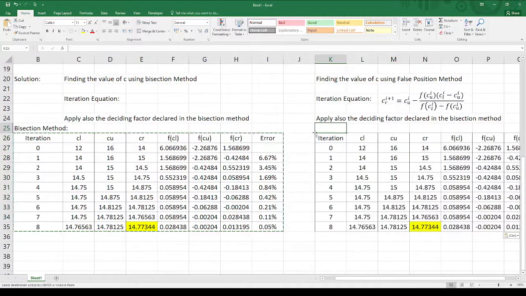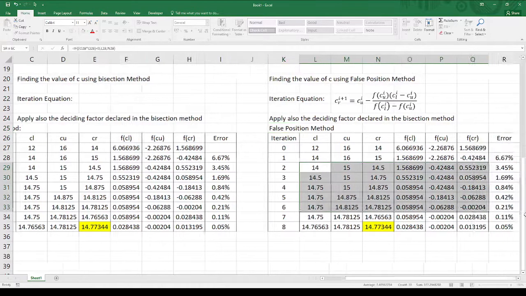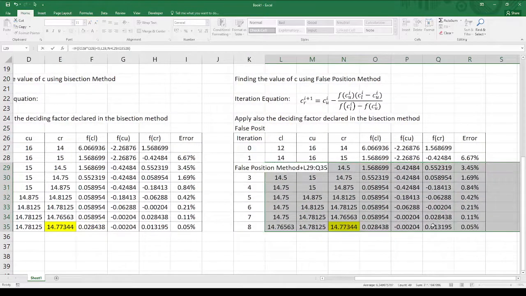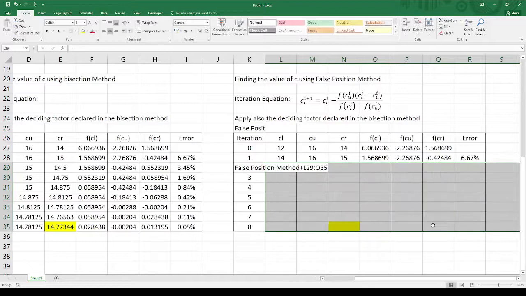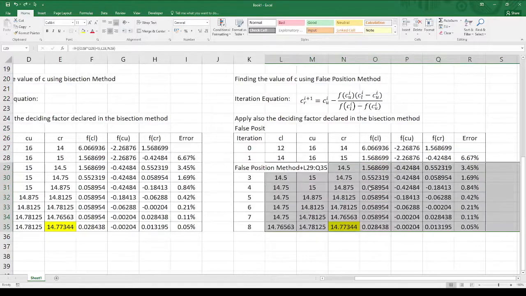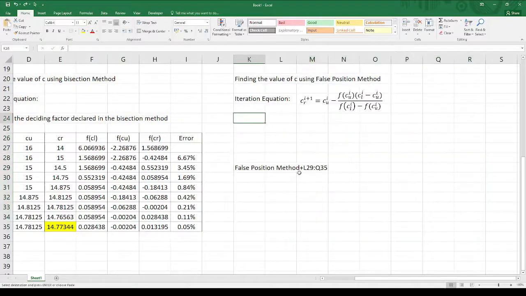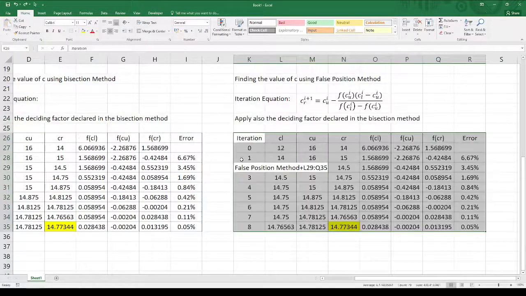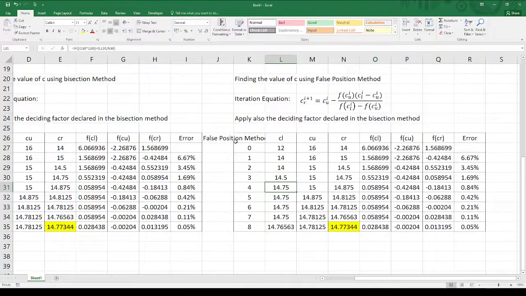Then our name is false position method. I'm sorry.